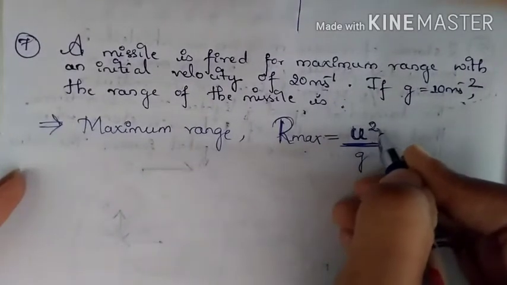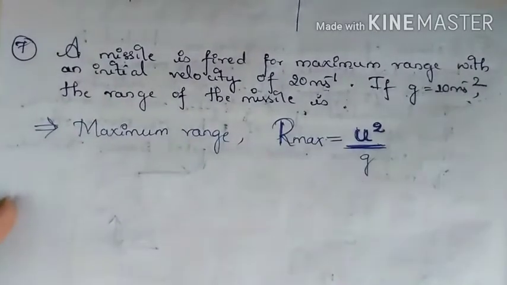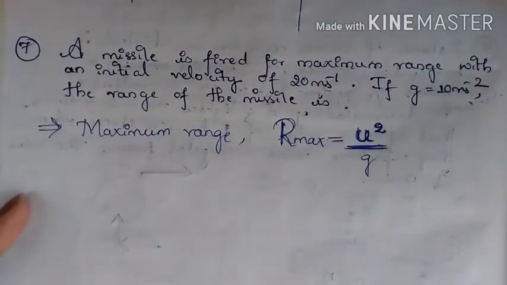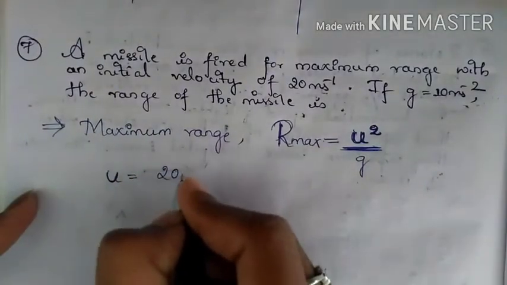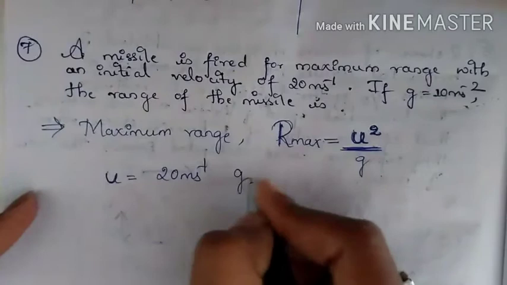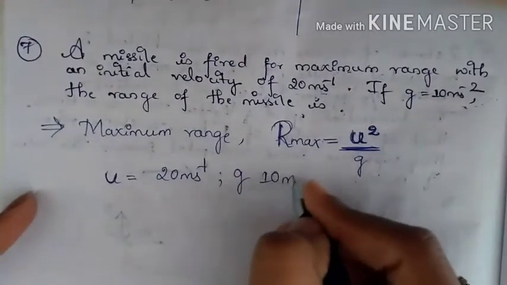So this formula I already discussed with you in the last class. So here U is given, U is 20 meters per second. G is again given, G is 10 meters per second square.